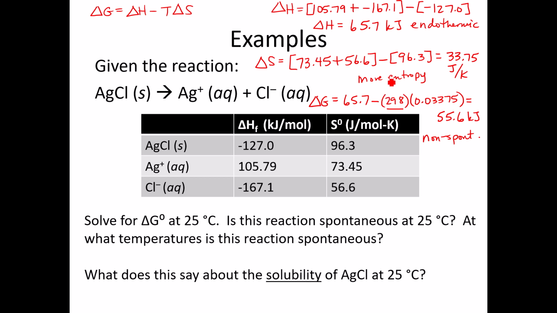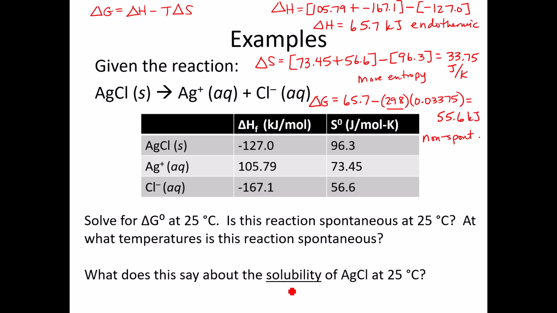So when both the delta H and the delta S are positive, the reaction will become spontaneous as temperature increases, so at higher temperatures. But at 298 for this reaction, it is non-spontaneous.